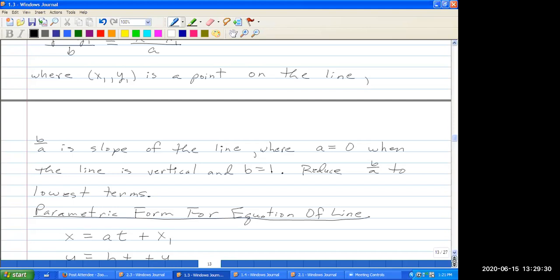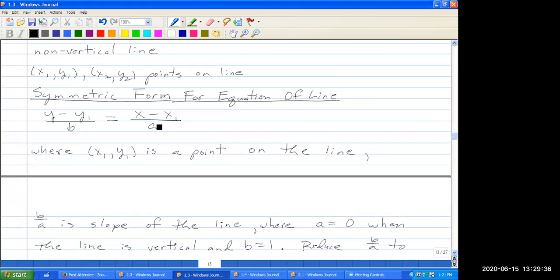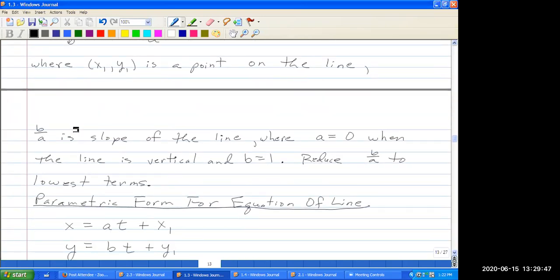And where the b is 1. Yes, sorry. So if a is 0, then it's assumed that x is equal to x1 and that the b here is equal to 1. You should always reduce b over a to lowest terms in this case for that to be true.